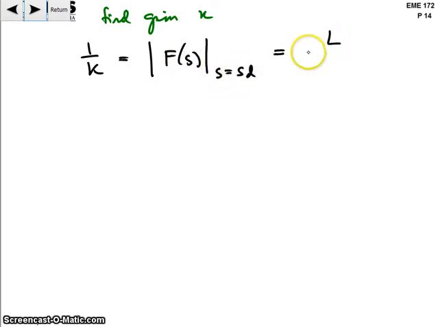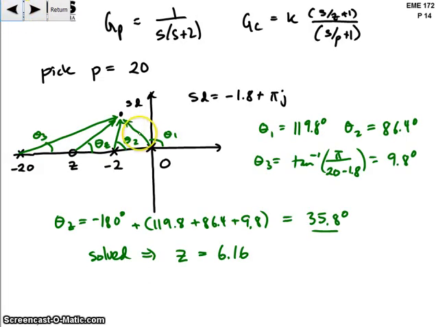And so that's equal to L over M1 times M2 times M3. And those lengths are these guys, right? So I have M1, M2, M3, and this one is L, right? So it's the lengths of all these vectors that I'm calculating.